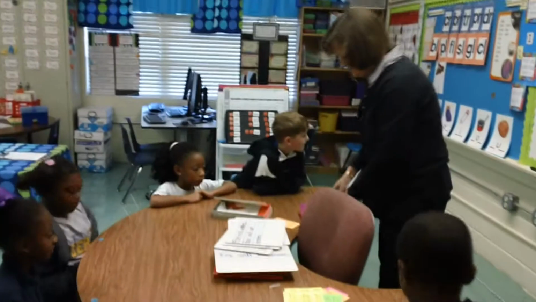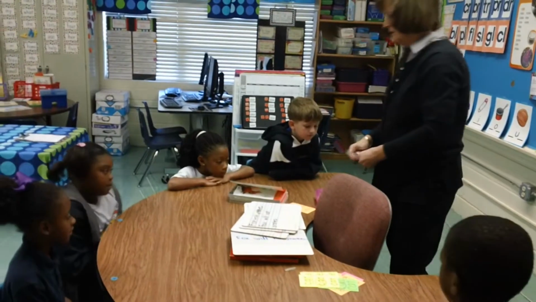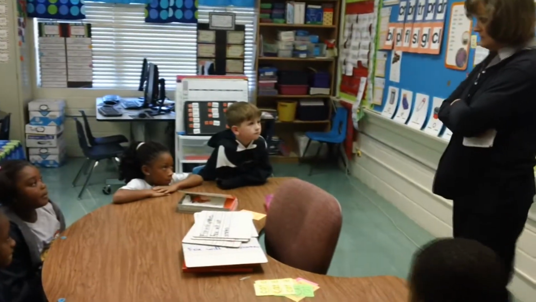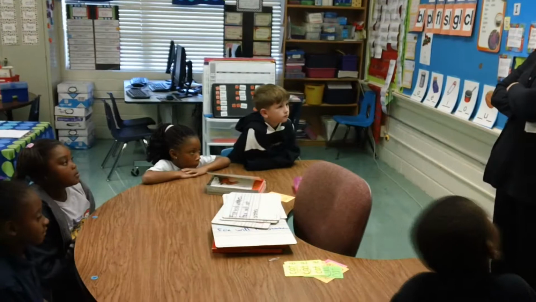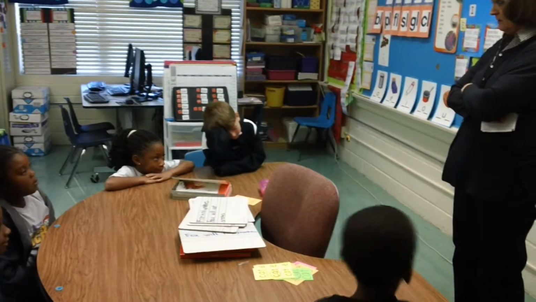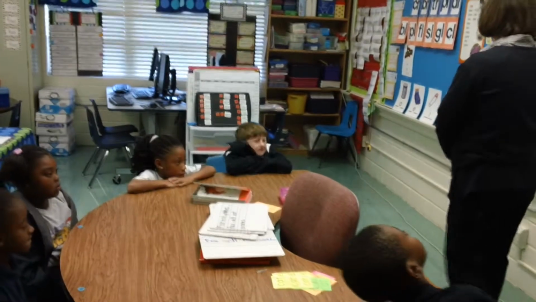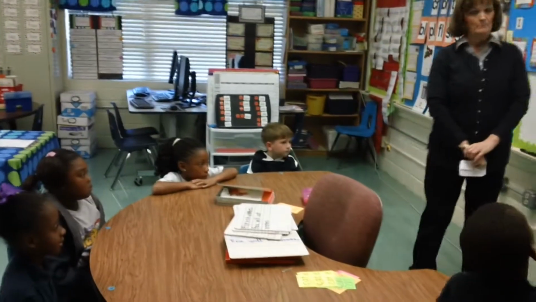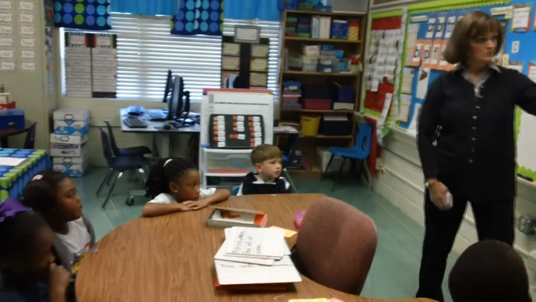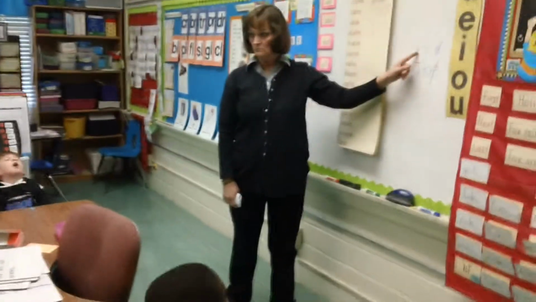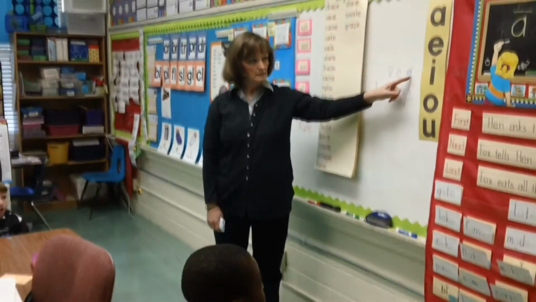Let's think about what we just did. First of all, we studied long A sound words today, didn't we? Long A words. That's the first thing we did. And we looked for them in a pattern. We used a certain pattern, which was vowel, consonant, E, right? Okay.